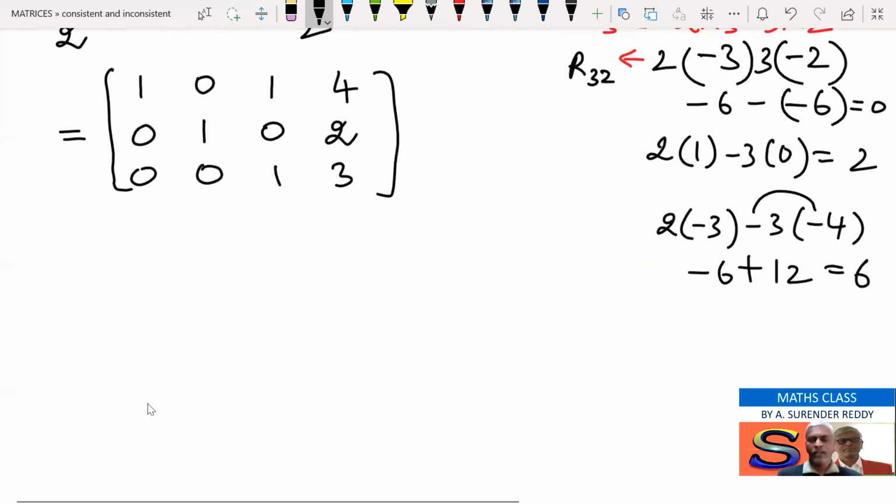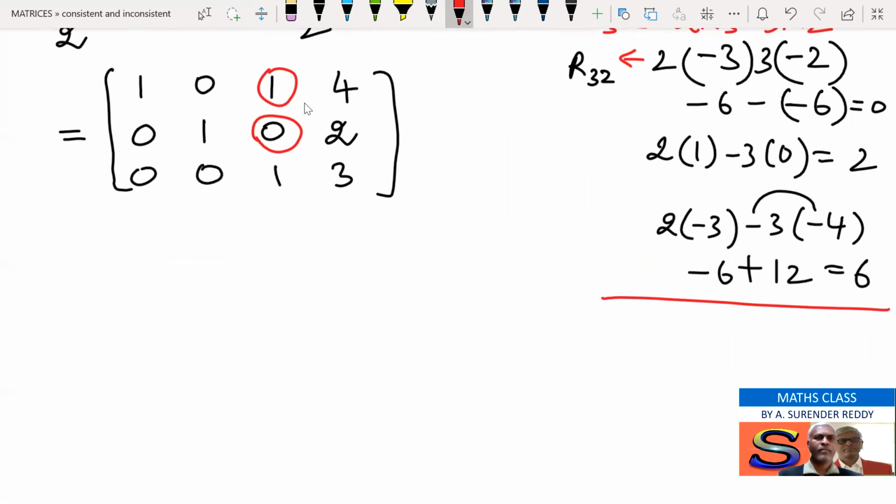Now in the last final step, we need to make these two entries zeros. The second one is already 0, and we have to make this 1 a 0. So R3 has no change. We should make use of R3, take R1 and R3 and prepare the formula.